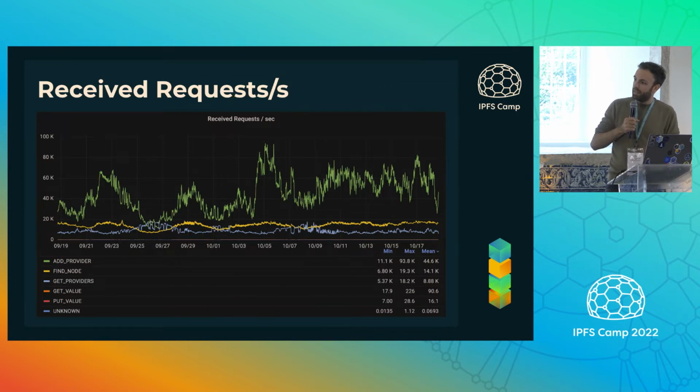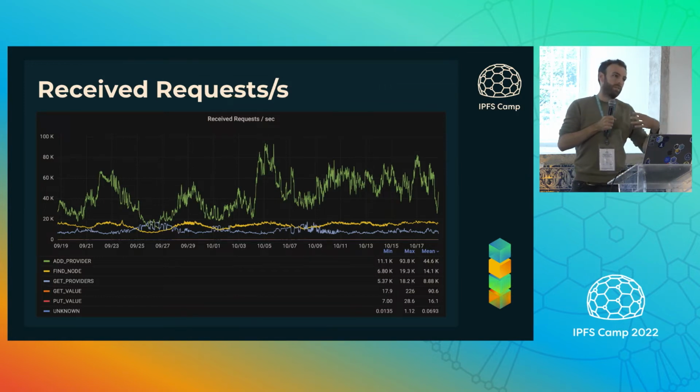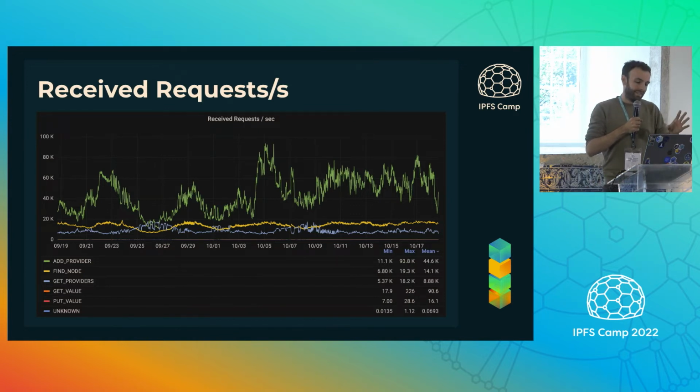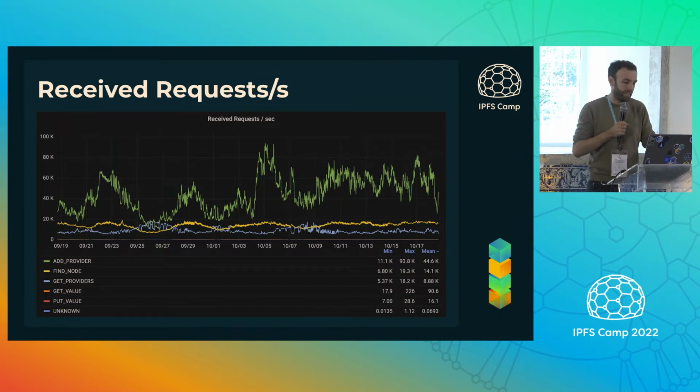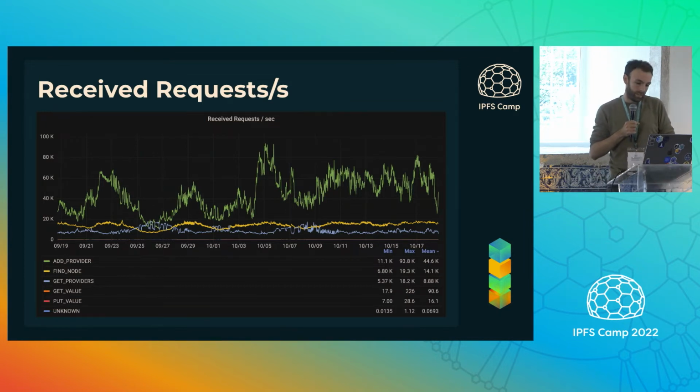The yellow line is the find node RPC, which accelerates the peer discovery, and wobbles around 15,000 requests per second. The other very active RPC here is get providers, which is also around 15,000 requests per second. So in total, they receive 50, 60, maybe 80,000 requests per second.